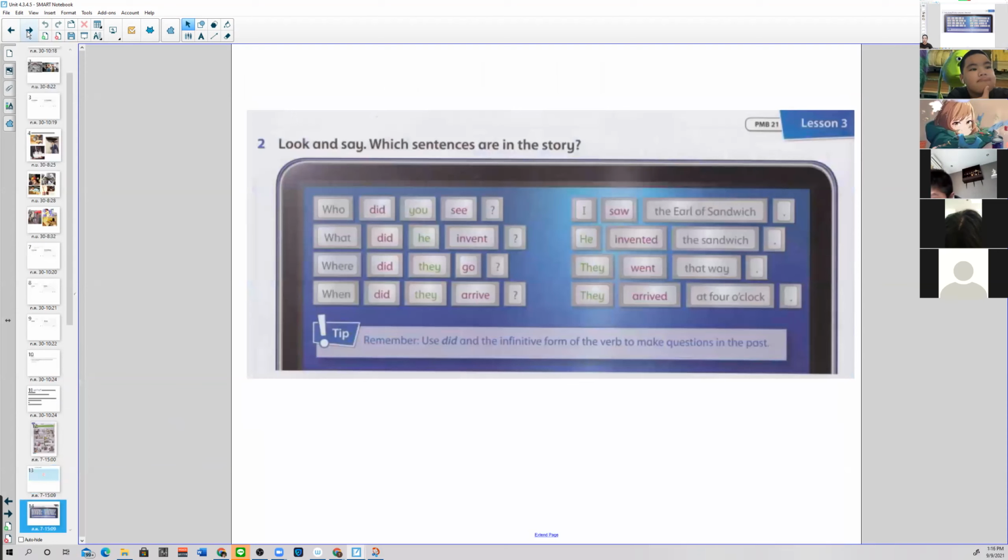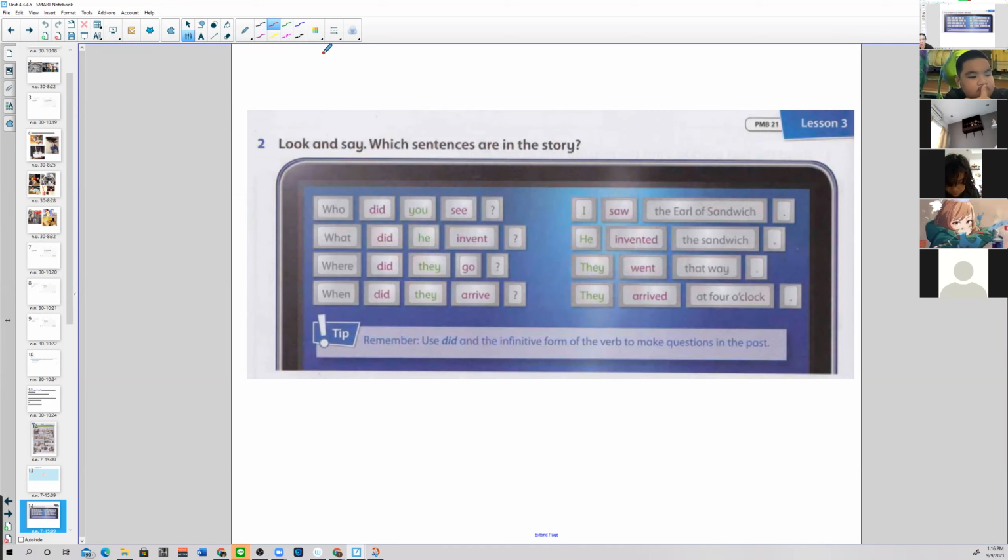So as you can see today, we are still on the past simple, right? Before, I have taught you about the past simple. For example, the past simple you would start with, right? Did you see the cat?